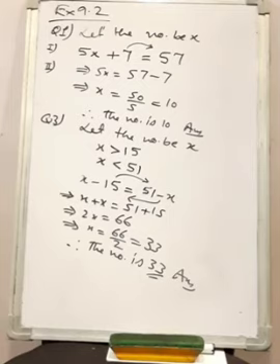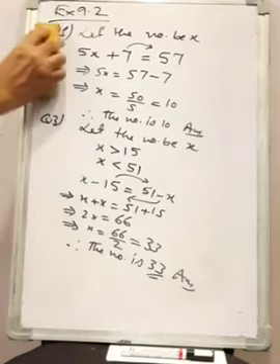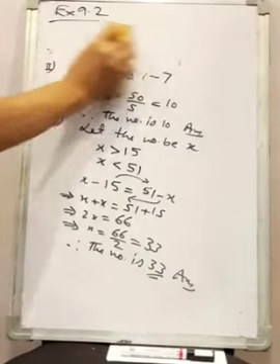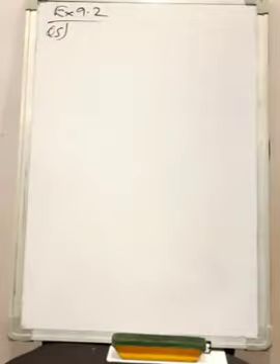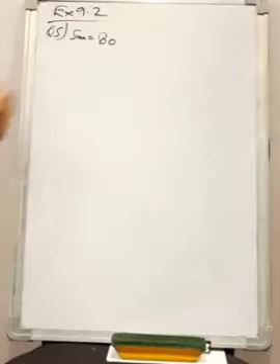Look at question number 5. Read the question carefully and then look here. Here the question says the sum of two numbers is 80. Sum is 80, right? So the sum is 80.